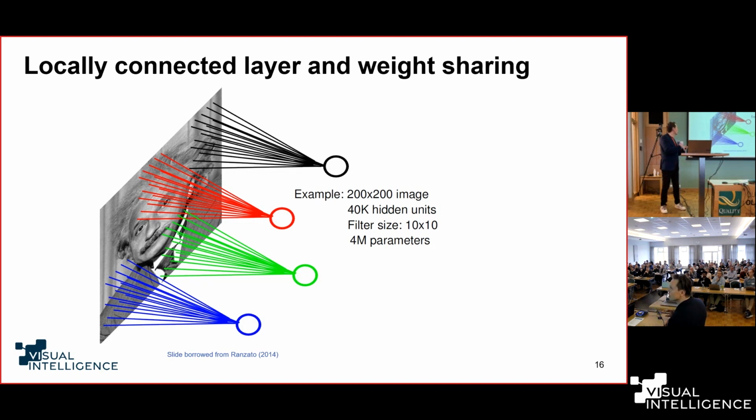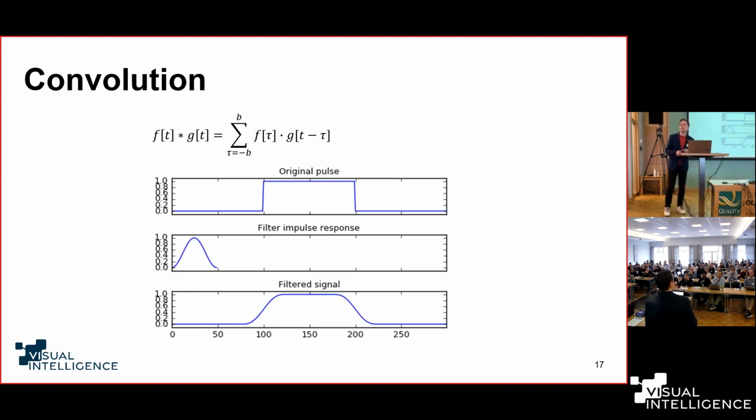Then I'm able to slide the same weights across the image in an efficient manner, and I only have to update the weights that belong to this convolution filter. If you have forgotten what convolution was, we need to go back to signal processing. Let's say you have an impulse here and you have a filter response. These are the weights that we are talking about here.